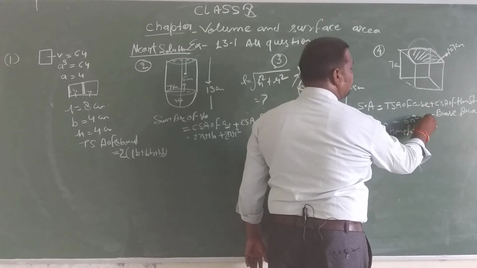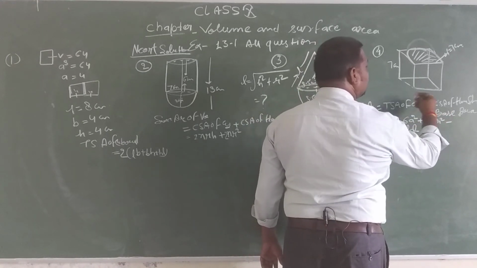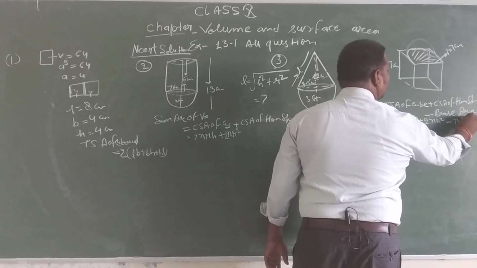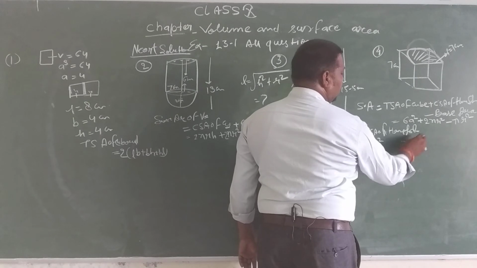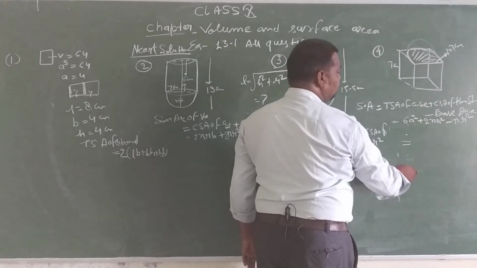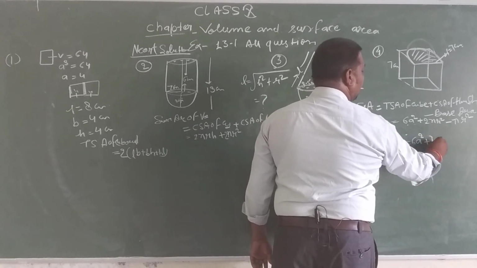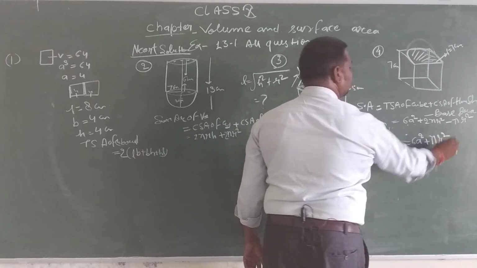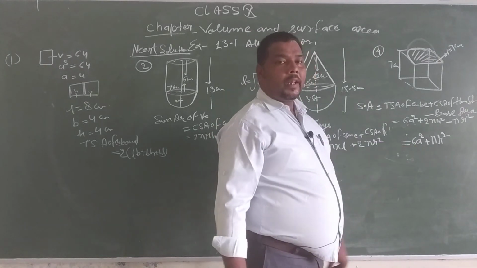6a² plus 2 pi r², and base is circular, so base area is pi r square. Utilizing this, so 6a² plus pi r square. Okay? You know the value of a?